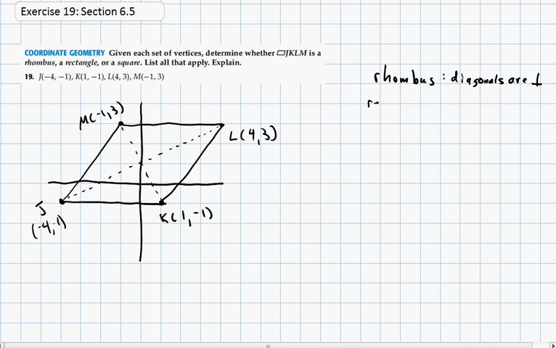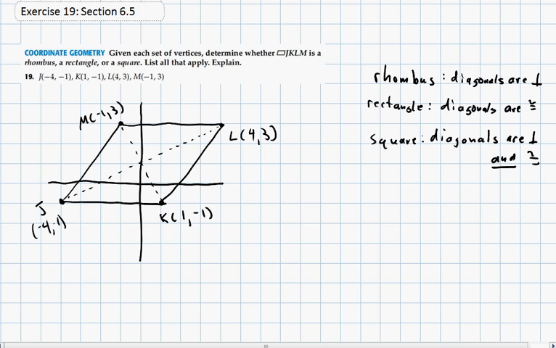In a rectangle, the diagonals are congruent. And in a square, remember, a square is basically a rhombus and a rectangle together, so the diagonals are perpendicular and congruent.